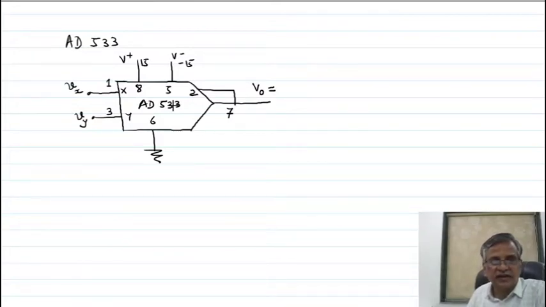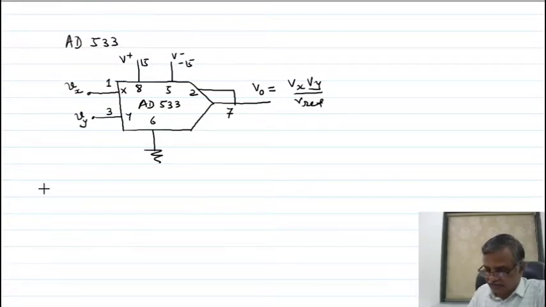The output of this multiplier IC is given by Vo equals Vx into Vy upon V reference.